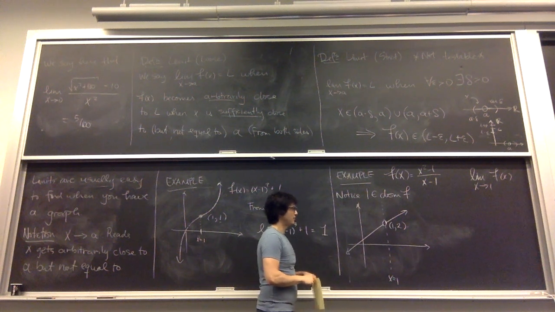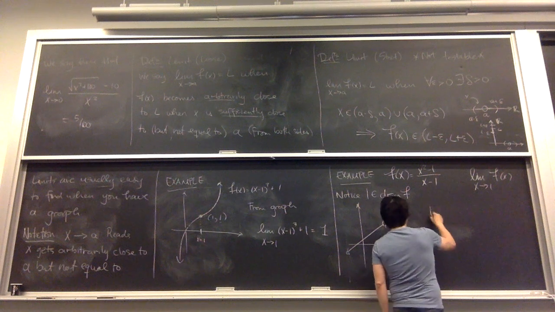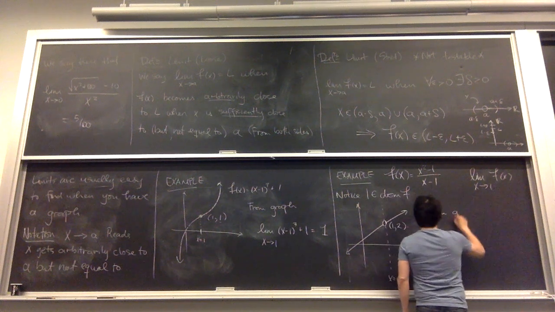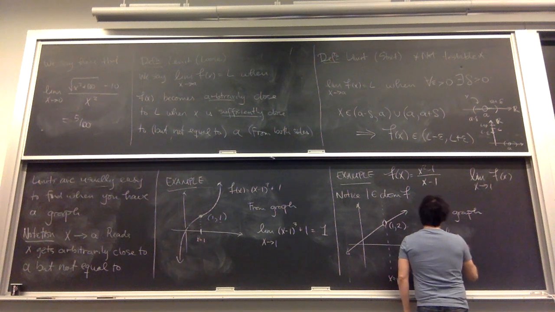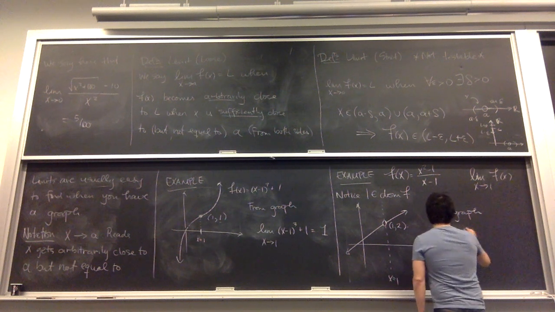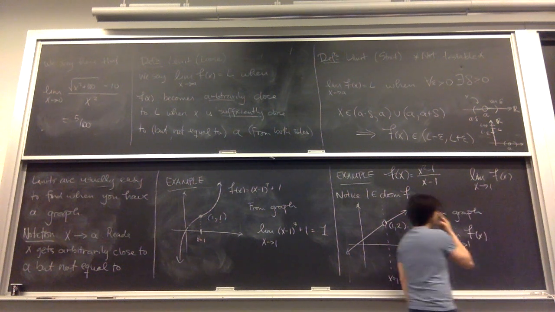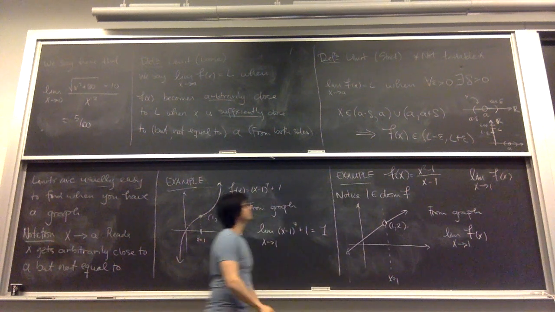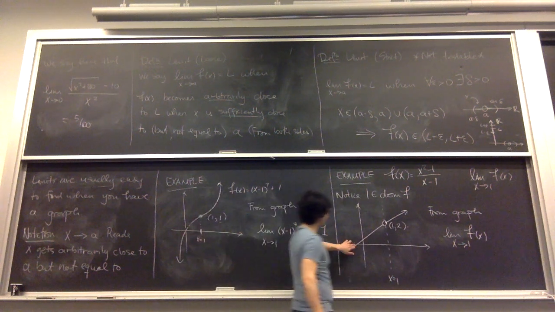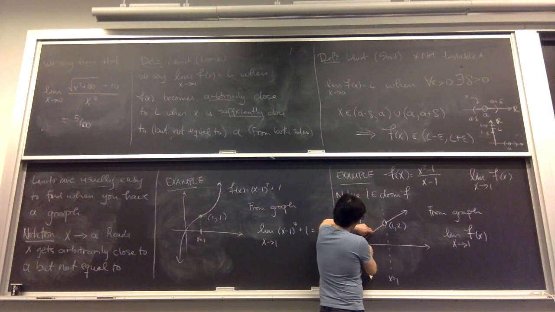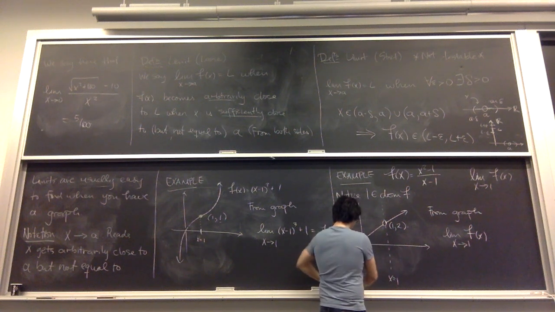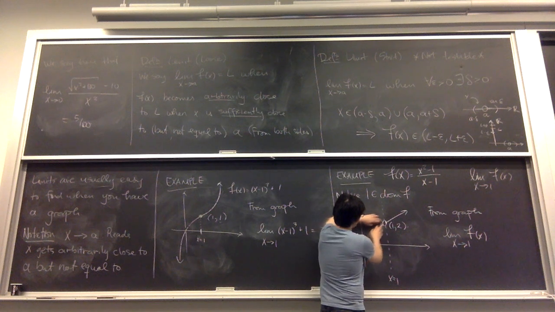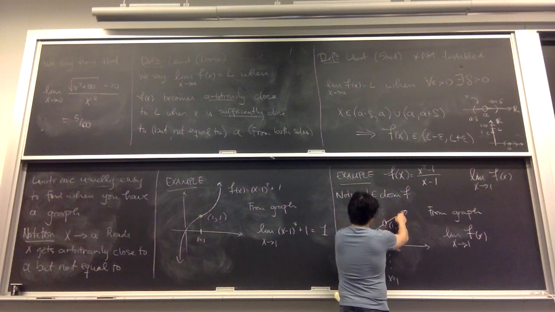So from the graph, what is the limit as x goes to 1 of this function? 2, right? So you're walking along this. As you walk along here, you're getting closer to 2. And the same is true from the other end.